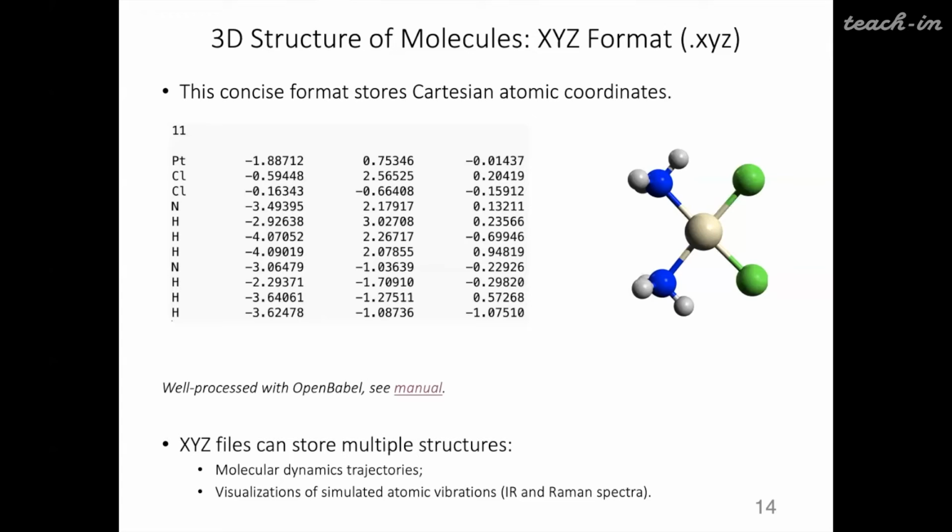However, it can also store some comments related to the molecule, and I'll show you some XYZ files that have comments in the second line. Next lines give us elements of atoms and Cartesian coordinates.